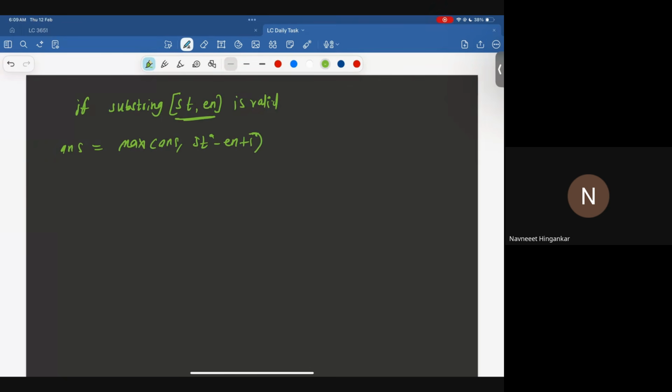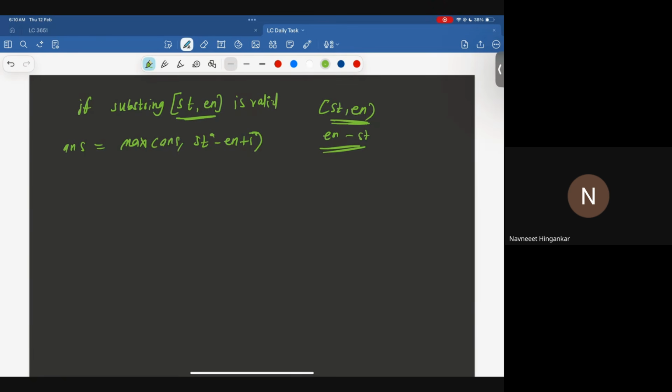If it is open interval on one side, then it's easy, end minus start. I prefer this representation because this is easy, so that until the bound is valid, move the end pointer, always move it until the bound is valid.